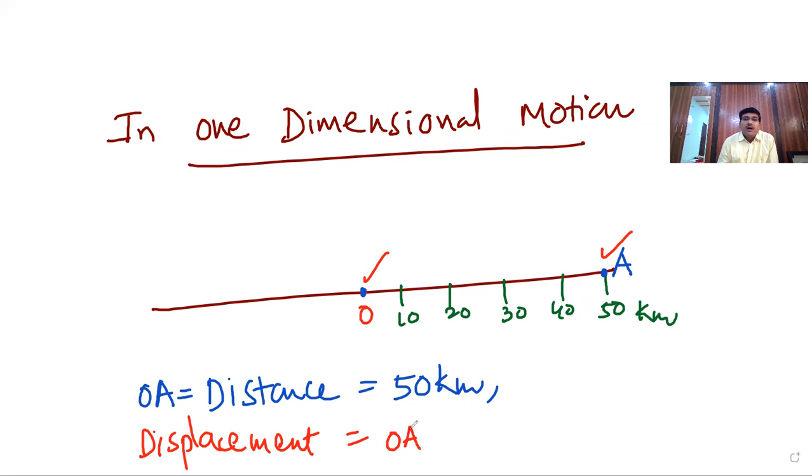So OA bar is also 50 kilometers. Both are equal in the straight line, distance as well as displacement. Shortest distance is also the same, OA. The magnitude is the straight line joining the initial to final, O to A, 50. And what is the direction? Direction is from O to A, initial position to final position.